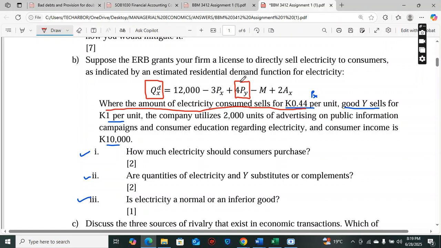Now the sign in front of 4PY, this plus sign, tells you the relationship that the price of good Y has with the quantity demanded for good X. This plus sign is telling us that there is a positive relationship between the price of good Y and the quantity demanded of good X.